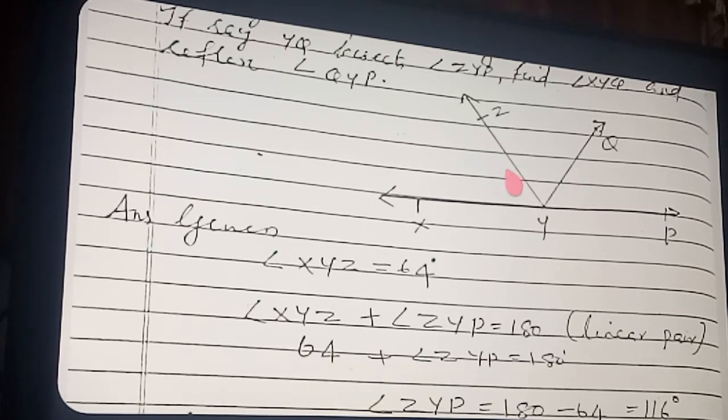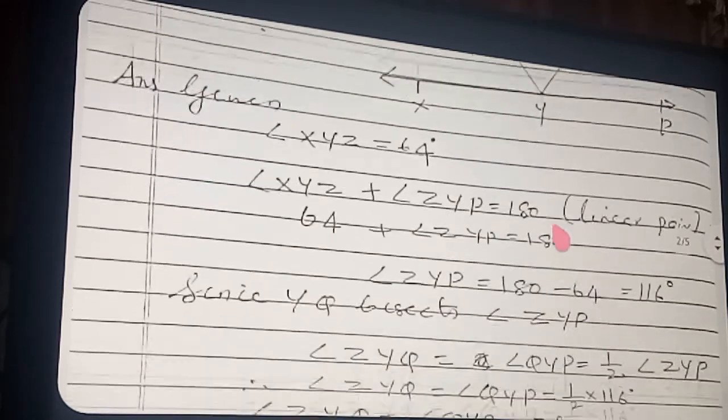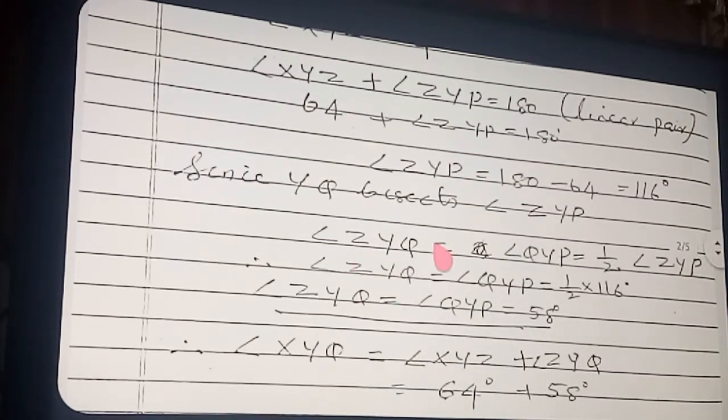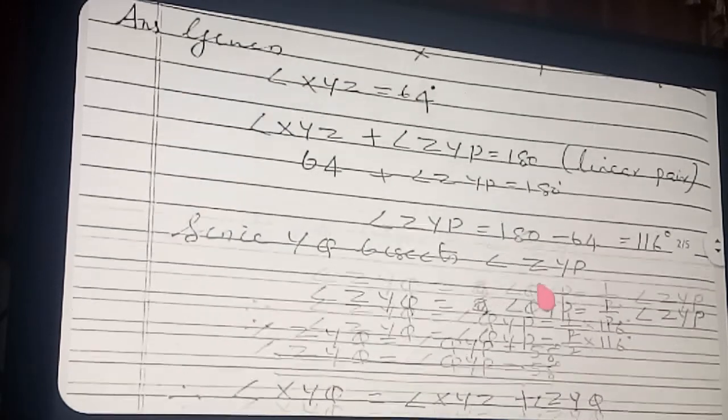That will be half of the whole angle. Clear? That is what I have written here in the step. ZYQ is equal to QYP is equal to half of the whole angle ZYP. Therefore, ZYQ is equal to QYP is equal to half of 116. That is equal to how much? 58.